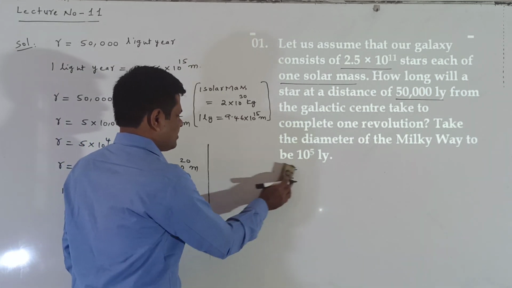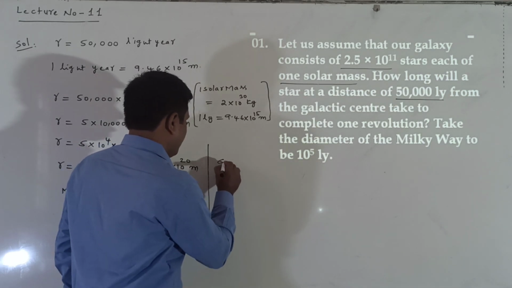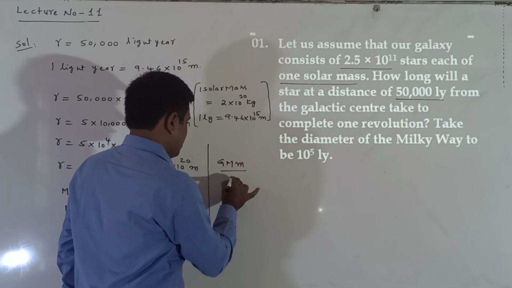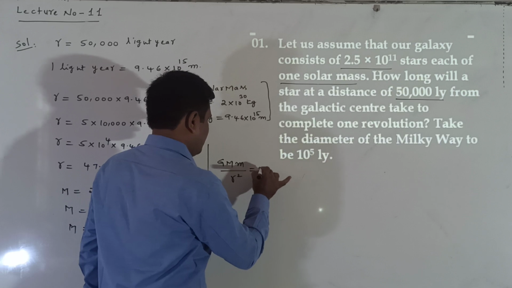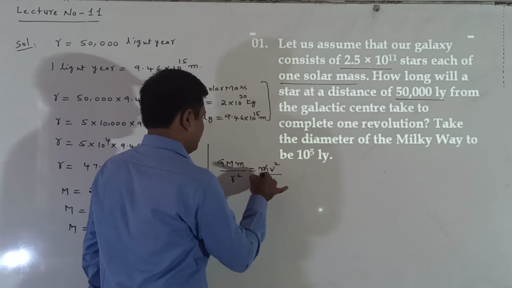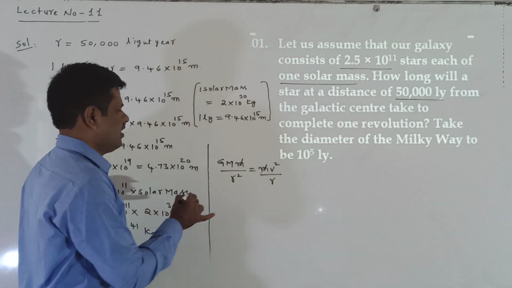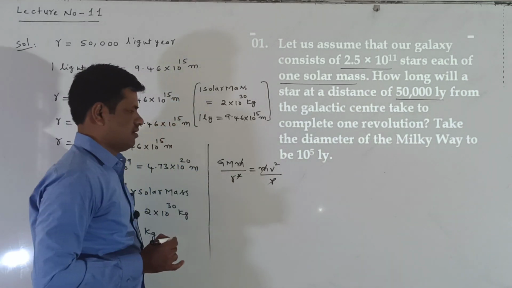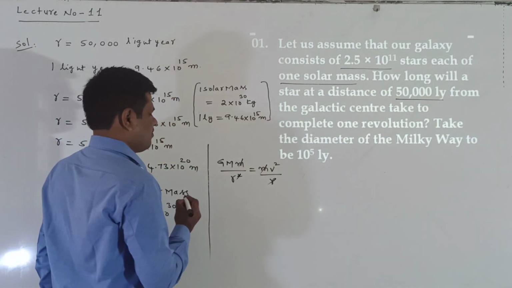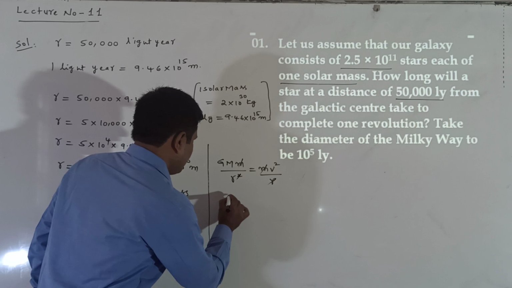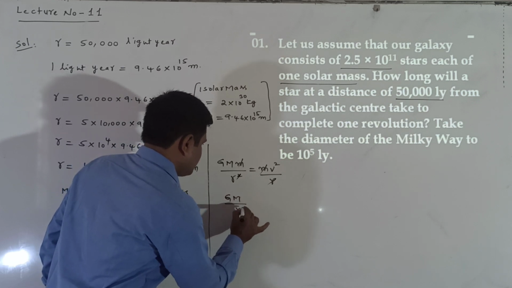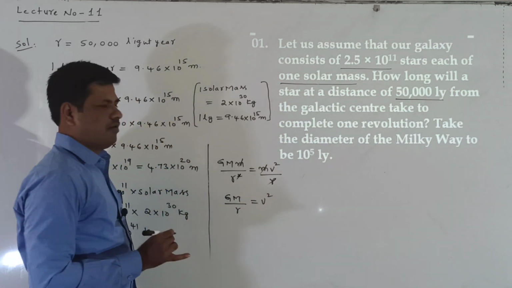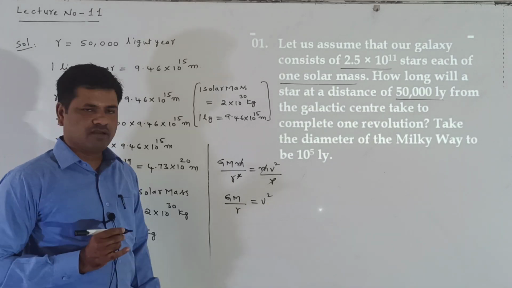Once again, GMm by r square is equal to mv square by r. Here m cancels and r also cancels. The remaining value is GM by r is equal to v square. Okay, clear up to this one.